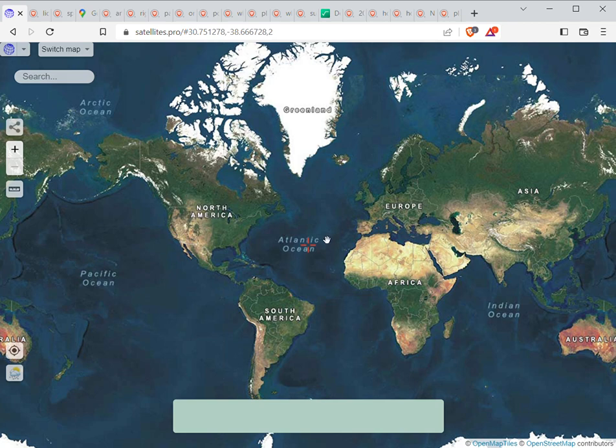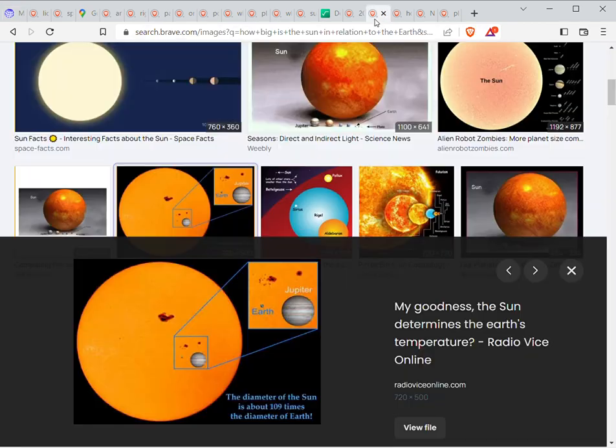So there's your 200 million thumbs. You apply it at this scale. That's the sun. You get 109 times you can fit the Earth across this diameter. That's not even the circumference.